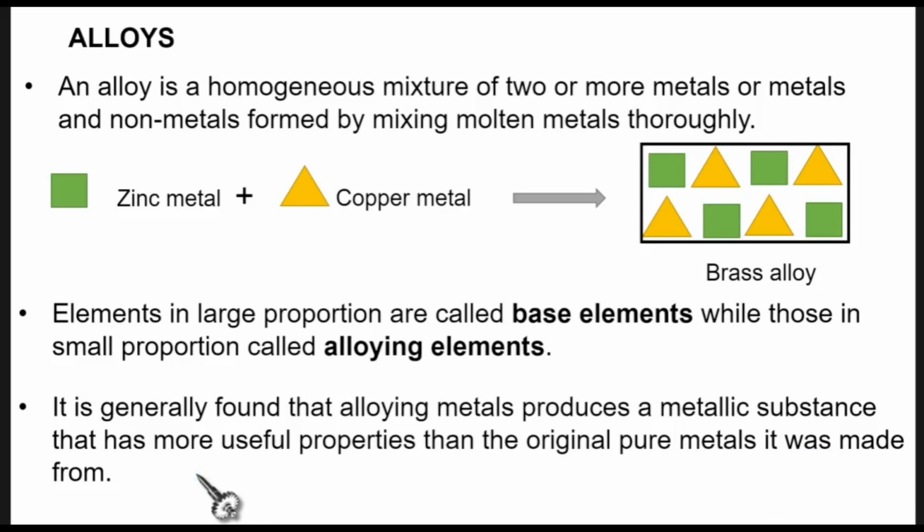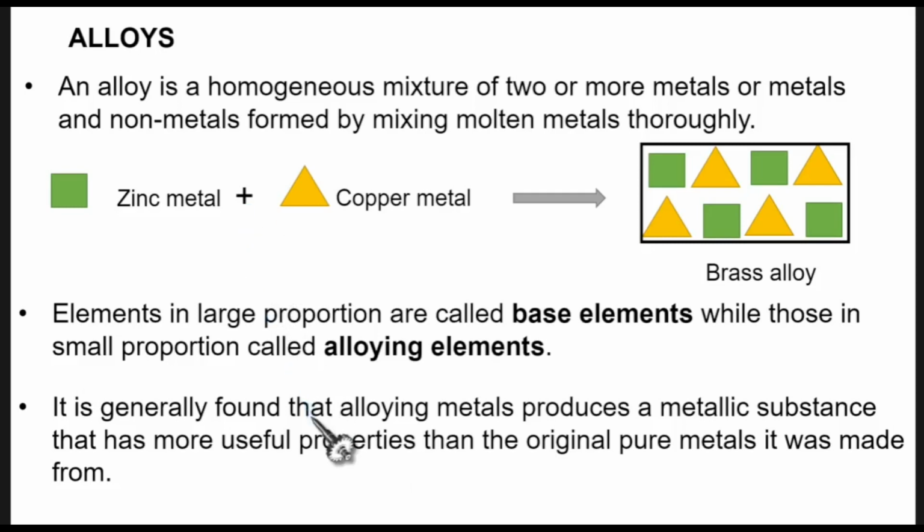So understand that alloying metals produces metallic substances that have useful properties. Those metallic substances formed as a result of alloying have more useful properties than the actual metal they are made from, and that's the reason why alloying is done.